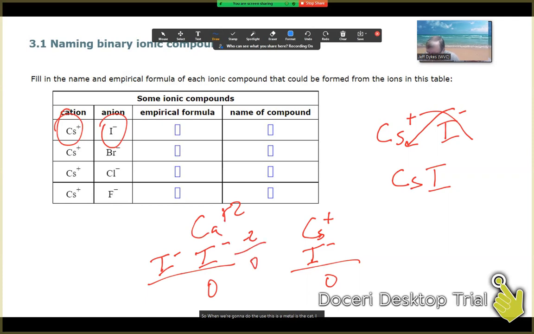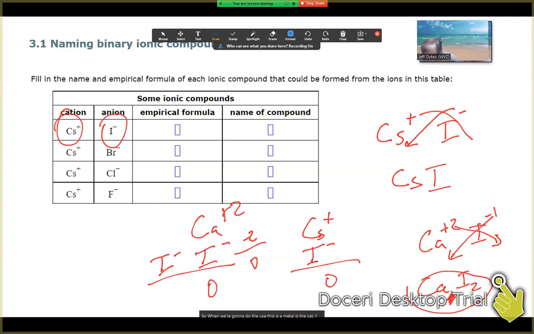Or if we had that calcium iodine, we could do the crisscross method. And then the 1 goes there, and the 2 goes to here. So then you get calcium 1, iodine 2, and then the 1 is redundant. And so it's implied that you have one of them already with the symbol. And so this is calcium iodide.